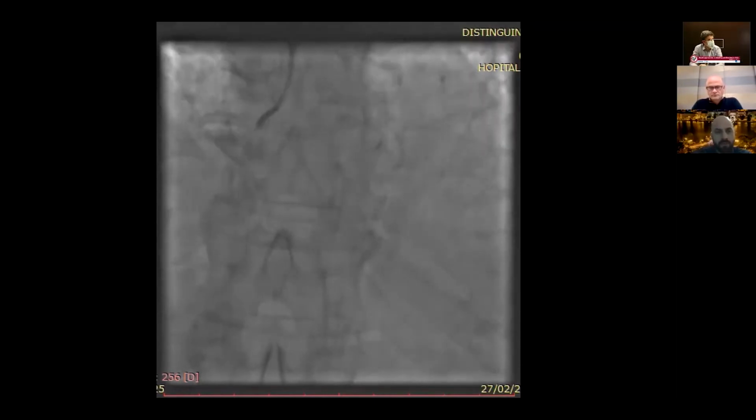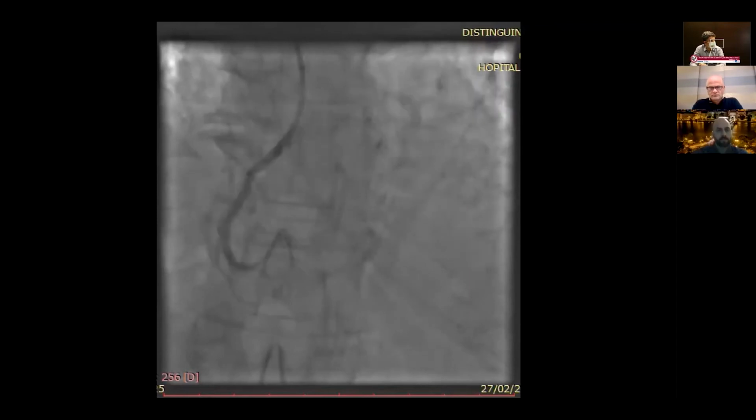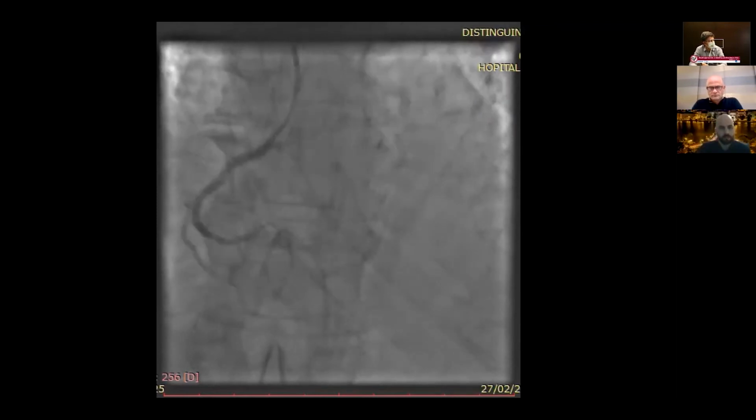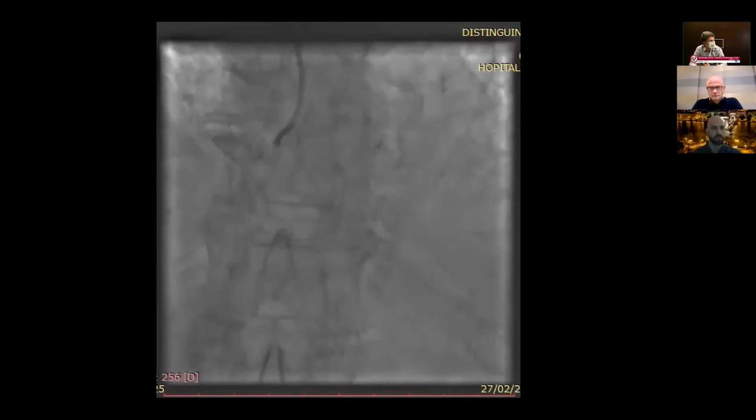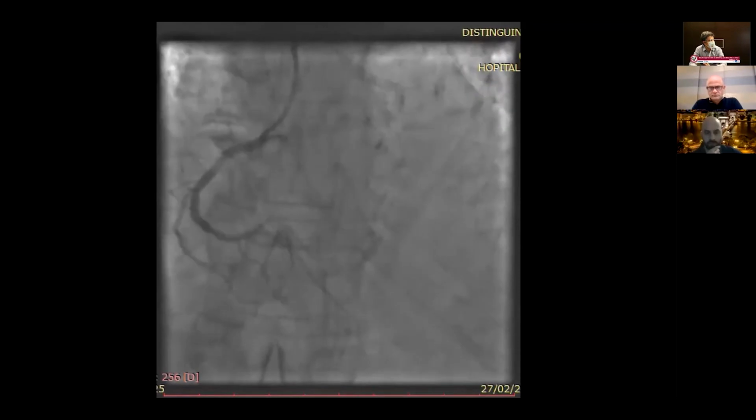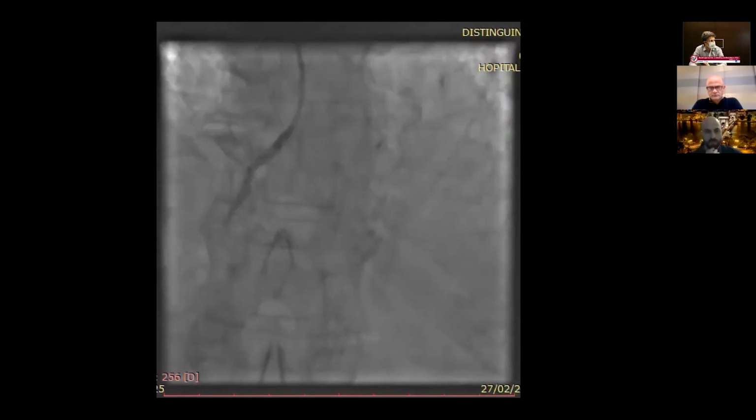First, great case, really, because it has so many teaching points for us. I think all of us looking at this lesion, we see the calcium, but all of us would have started like he did, thinking, I'm going to get through this with an NC balloon and a stent. And then once you fail with this, that is where you have to decide what to do next. Do I change my guide?